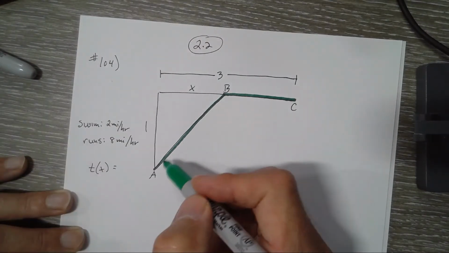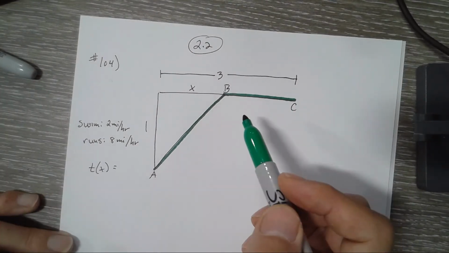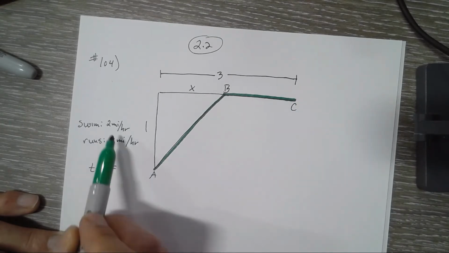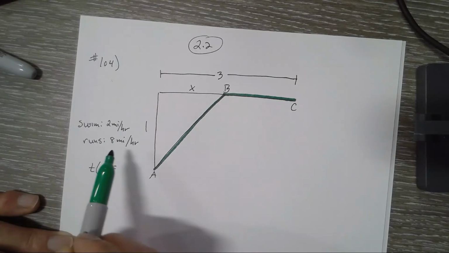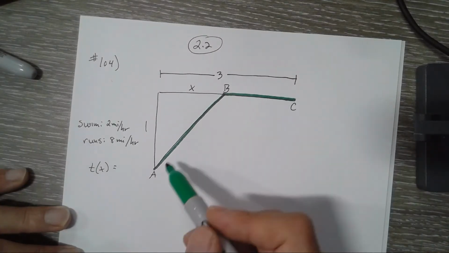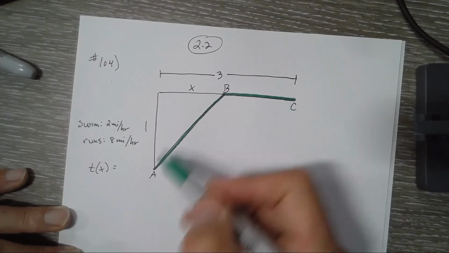In calculus, you'll probably want to minimize the time. So if we're trying to figure out how to get from here to here, knowing that this person can swim at 2 and run at 8, you would probably want to minimize the time. Minimize the distance, you would just go straight to C, but you wouldn't want to minimize the distance there, you want to minimize the time.